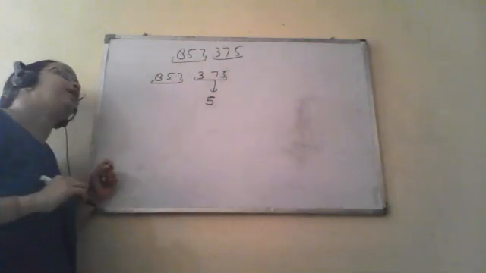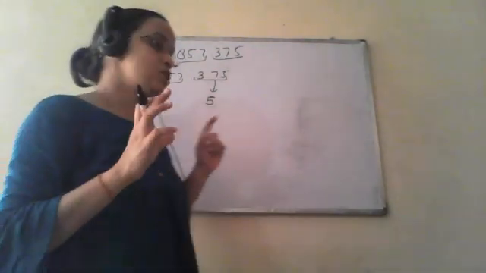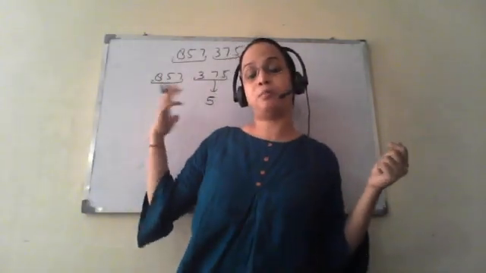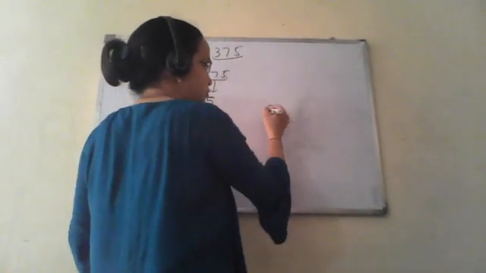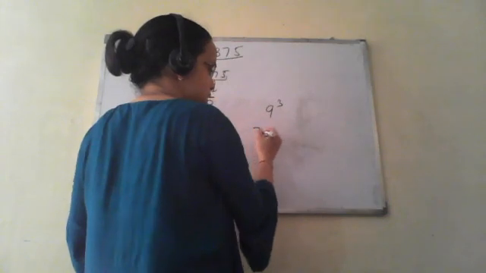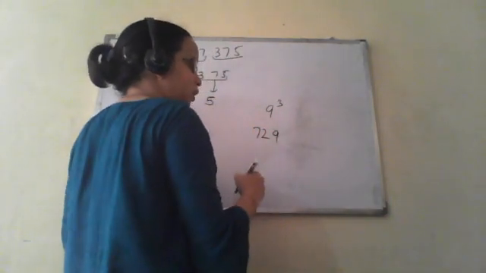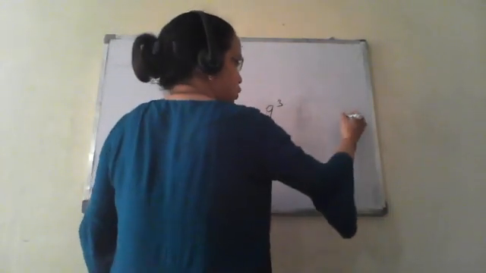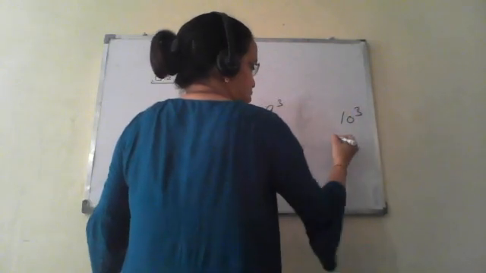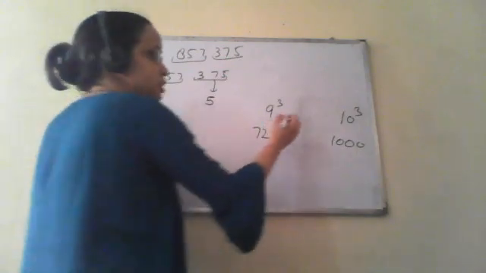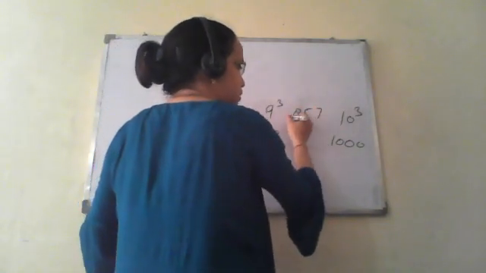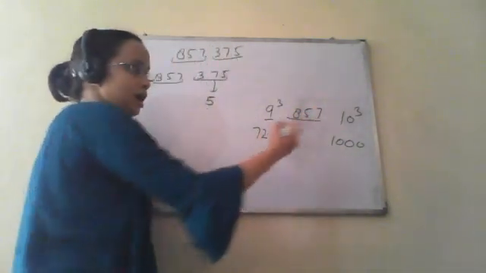Now we will see 857. We check its nearest perfect cube. The cube of 9 is 729, and the cube of 10 is 1000. So our number 857 is lying between the cube of 9 and the cube of 10.